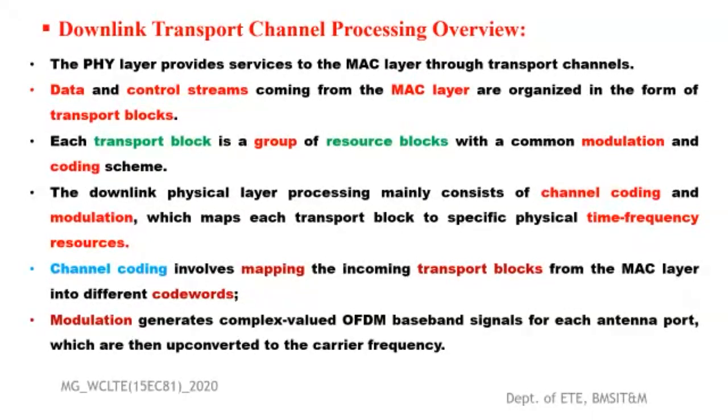Modulation will generate the complex valued OFDM baseband signals for each antenna port. Here there are different types of antenna ports, like antenna port 0, 1, 2, and 3. I will take that later on. As I said, the purpose of modulation is to generate the complex valued OFDM baseband signal for each antenna port, which is then up converted to the carrier frequency.